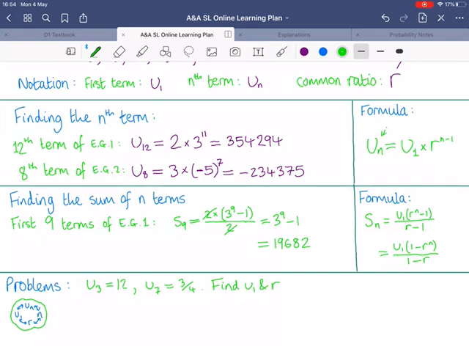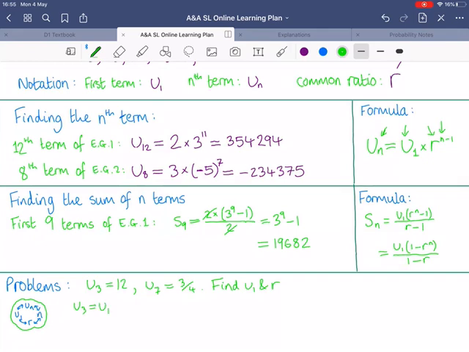Now we have just a relationship again between 4 variables: un, u1, r, and n. The easier questions would just give you enough information to fill in u1, r, and n and ask you to find an nth term. But you may be asked to find any of the others as well, just through plugging things into the formula and rearranging, or through other basic logical methods.